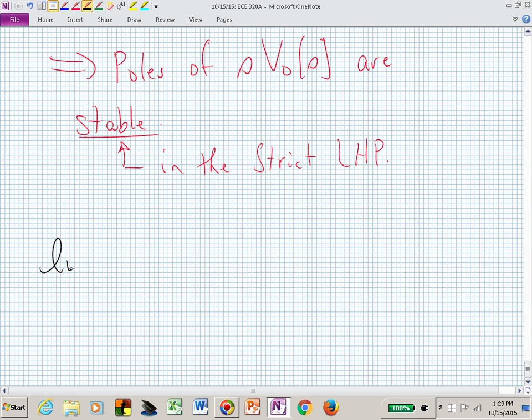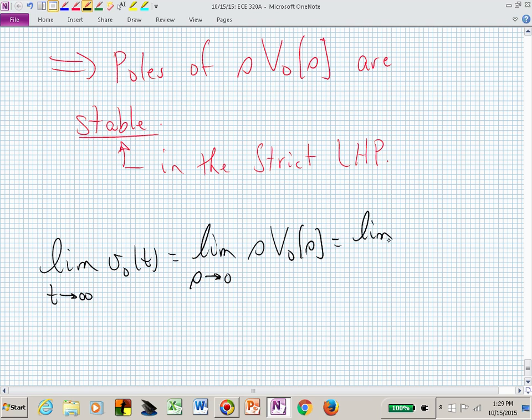Now I can say the limit as t goes to infinity of little v sub 0 of t is the limit as s goes to 0 of s V sub 0 of s, which is the limit as s goes to 0 of minus 4s over 2 times s squared plus 3/2 s plus 1/2.